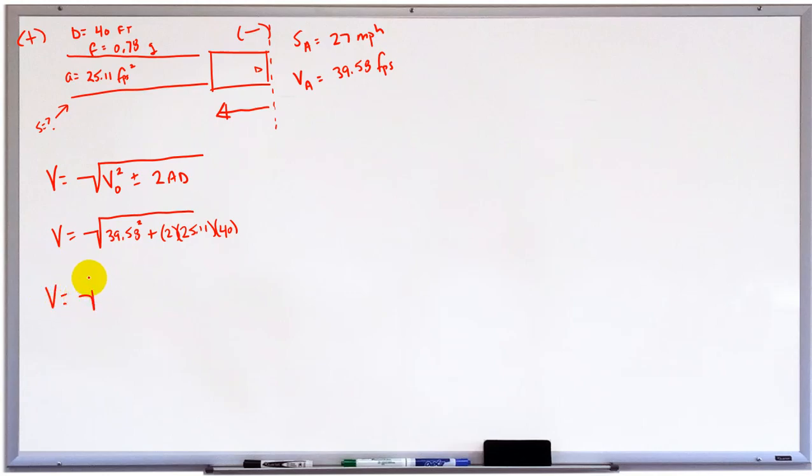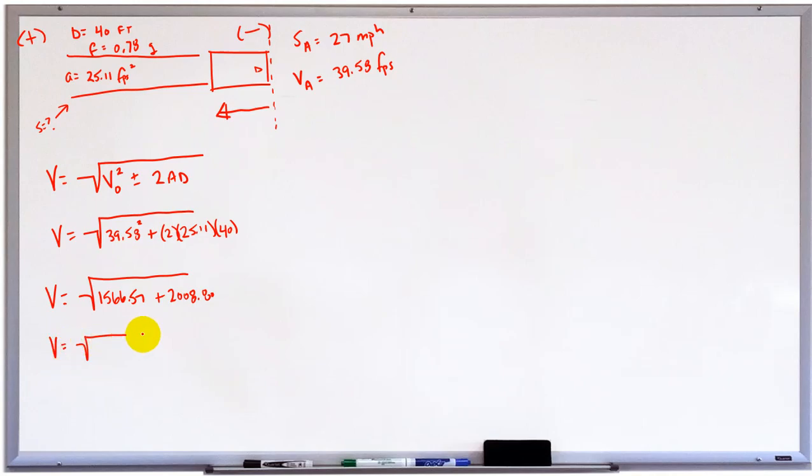So now we'll say that velocity is equal to 1566.57 plus 2 times 25.11 times 40, which is going to be 2008.80.